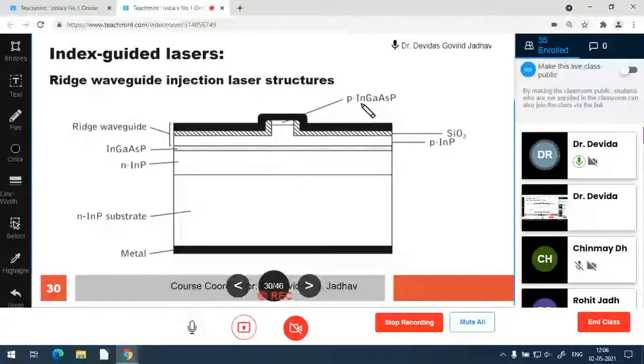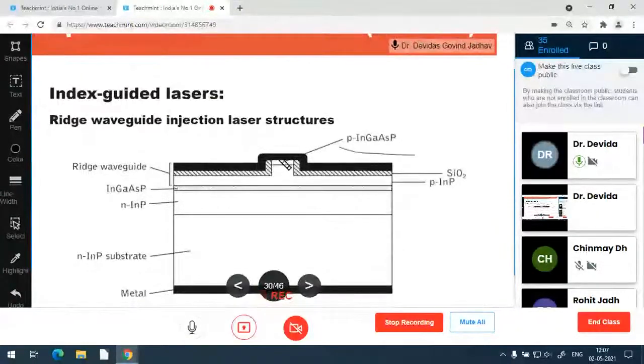So this is the index guided laser. Again, the P region is there only for the very small region, and there is a metallization. There is SiO2 which is placed all over the region so that this will not conduct. Only the very small P region will conduct.